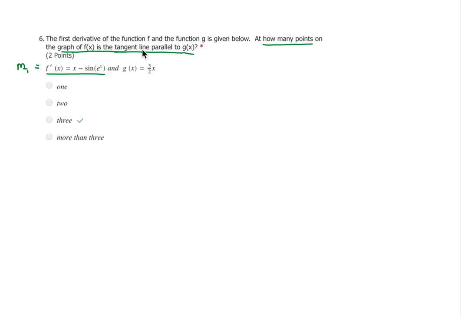And I know if L1 is parallel to L2, then the slope of... let me write it this way.